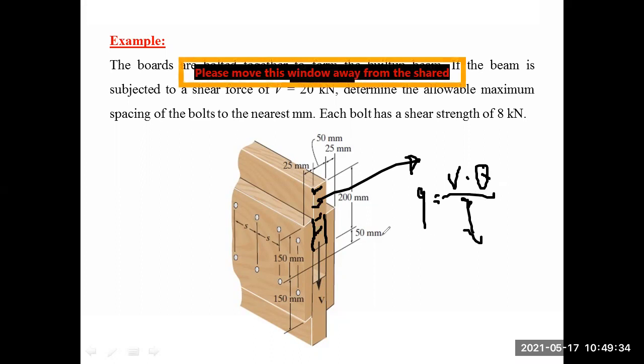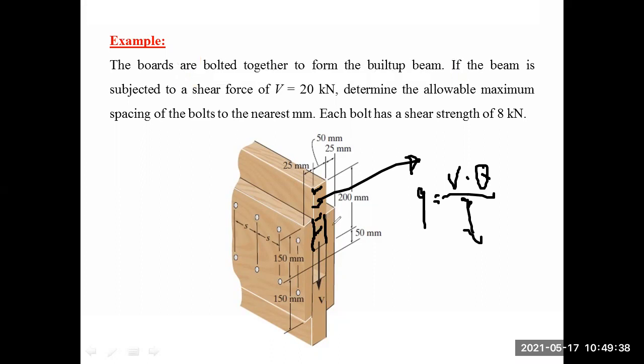What is requested is the spacing. So spacing is equal to the shear strength, which is given as 8,000, over the Q calculated based on this equation. Okay, if I calculate this Q, do I need to subdivide this Q or not?